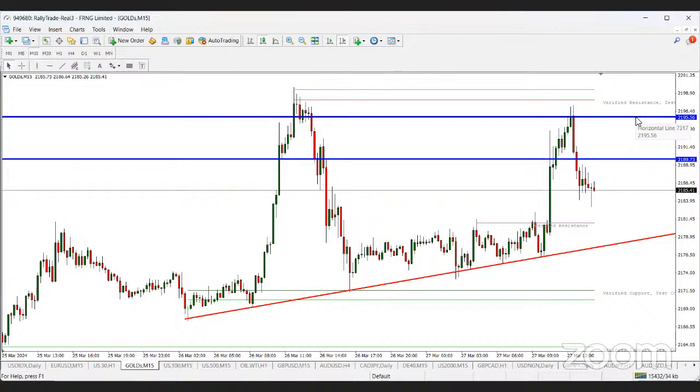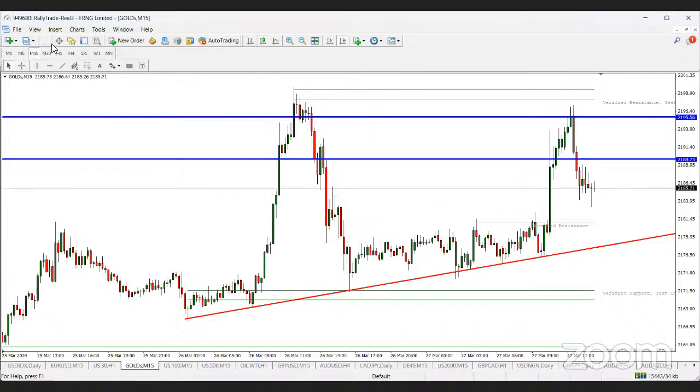Or I can buy from 21.90 to around 21.95. Okay, so that's how I will be looking at gold. If I'm looking out for a buy, that's what I will consider.